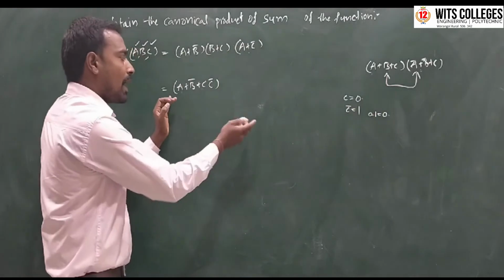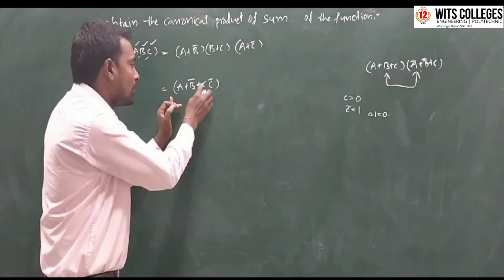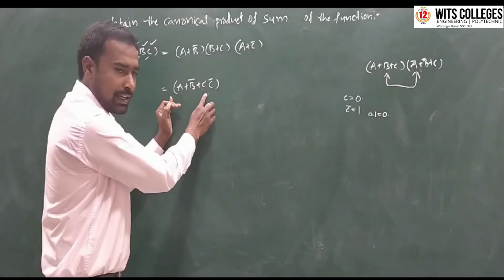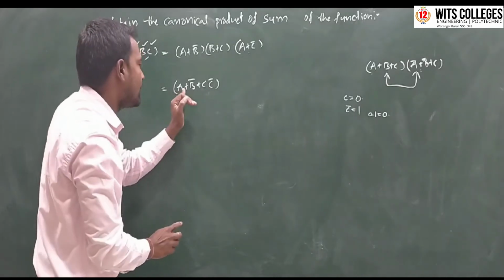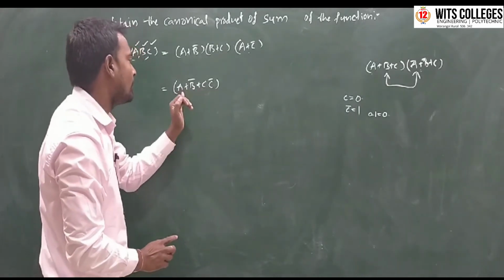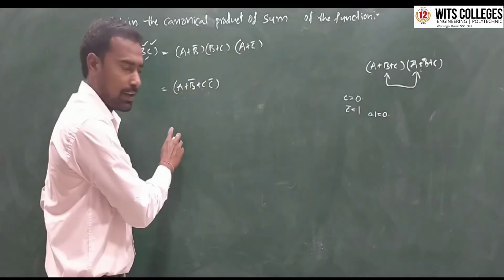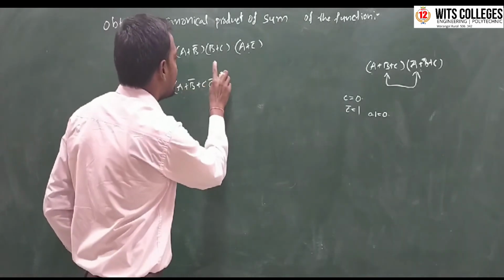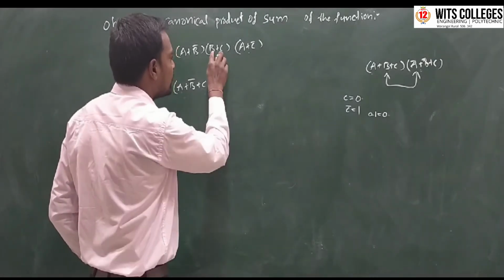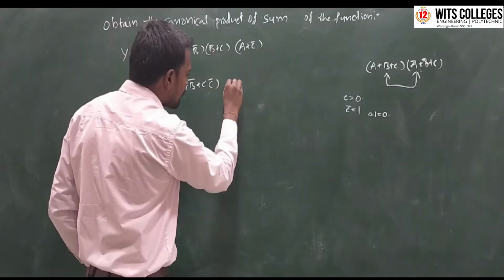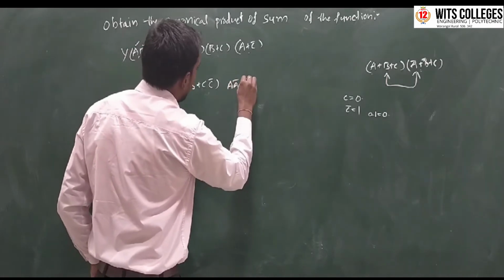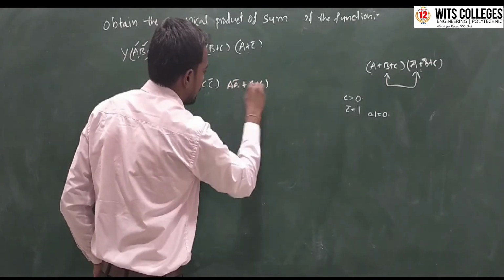So I am adding the 0, and the data will not be changed. That's why I am adding C into C bar with A plus B bar, and in the next factor the missing term is A, so I am adding A into A bar plus B plus C.